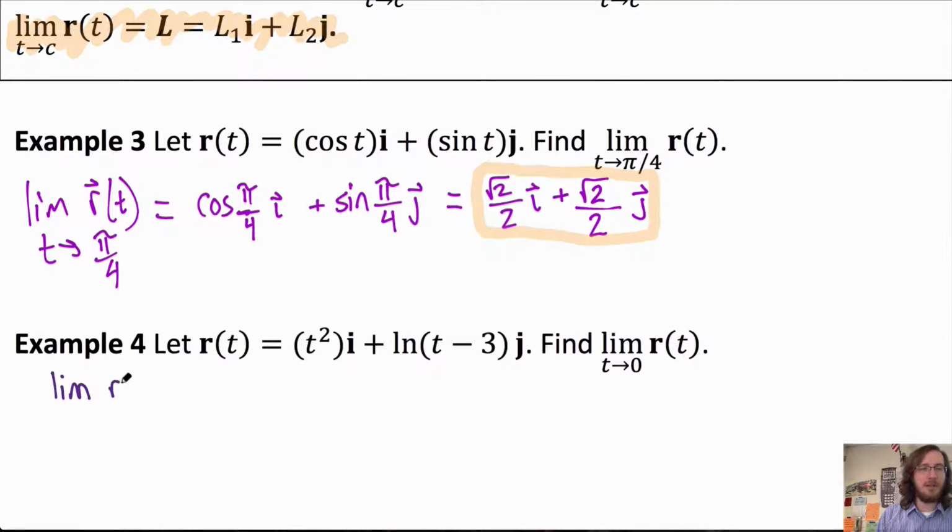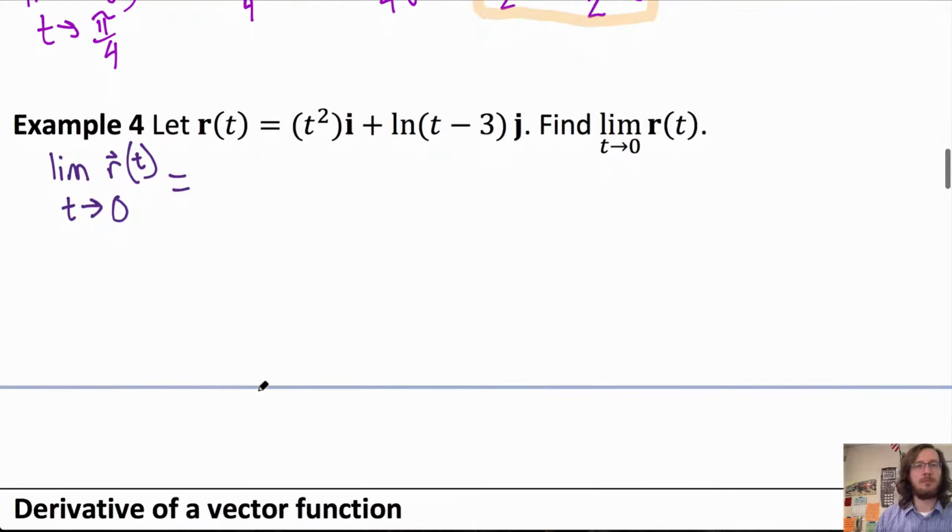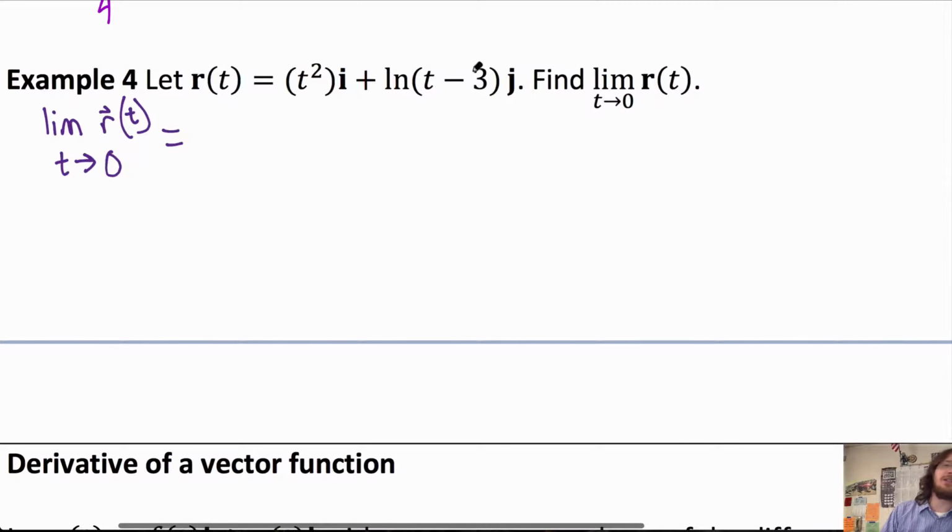We want to find the limit of r of t as t approaches 0. We want to find the limit of each of these components separately. Again, we're going to start with direct substitution. If we have to go to other methods for calculating the limit, we could, but I think direct substitution is going to be fine for now.